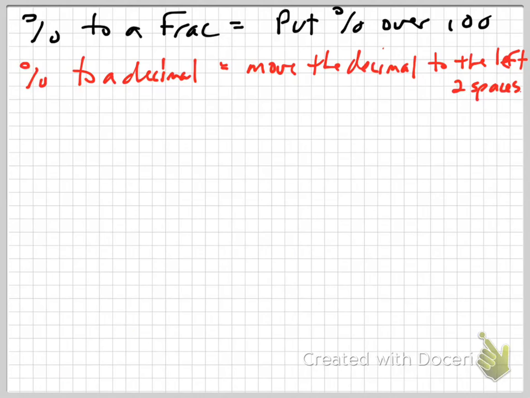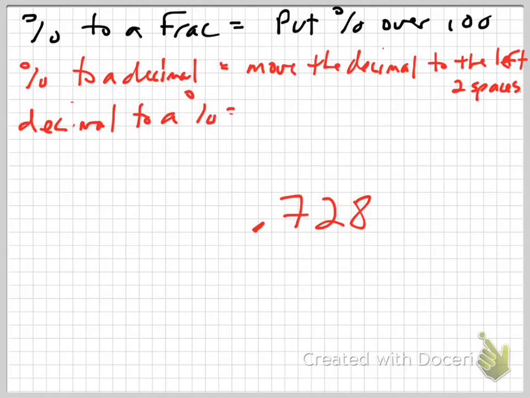Now we need to know how to go from a decimal to a percent. Here's the deal. We have a decimal, something ugly, like 0.728. How do I change that decimal to a percent? What do I do?